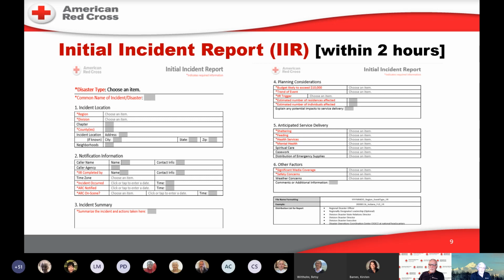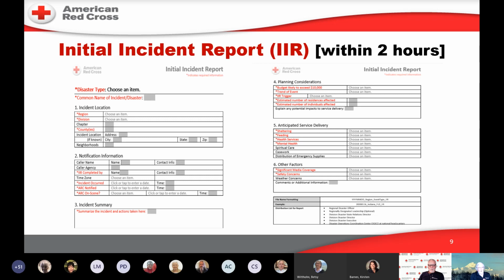Estimated number of residences affected, that may be difficult to pull very early. You do not have to put it in there, but if you've got an idea or it's an area you've worked in, you can put in a conjecture at this point. Estimated number of individuals, again, you probably won't have how many are affected.